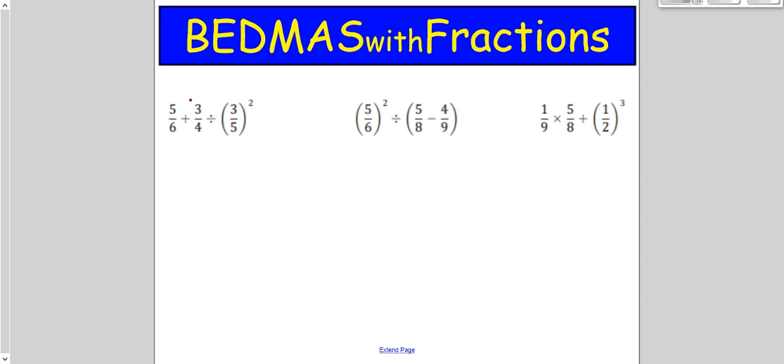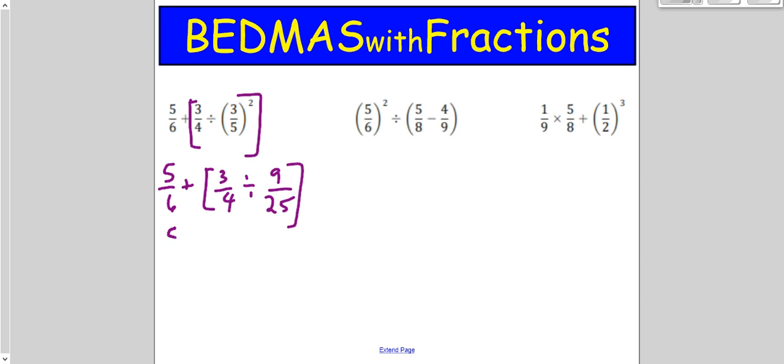So I'm going to do this first before the addition. Let's leave the 5/6 there, plus 3/4 divided by, now this squared, this 2 touches the top and it touches the bottom. So 3 squared is 9, 5 squared is 25.